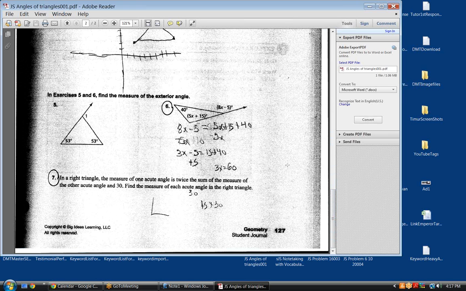Let's look at 5. What is the measurement of angle 1? Is it 106? You probably, I'm guessing, did it the hard way, or maybe not.